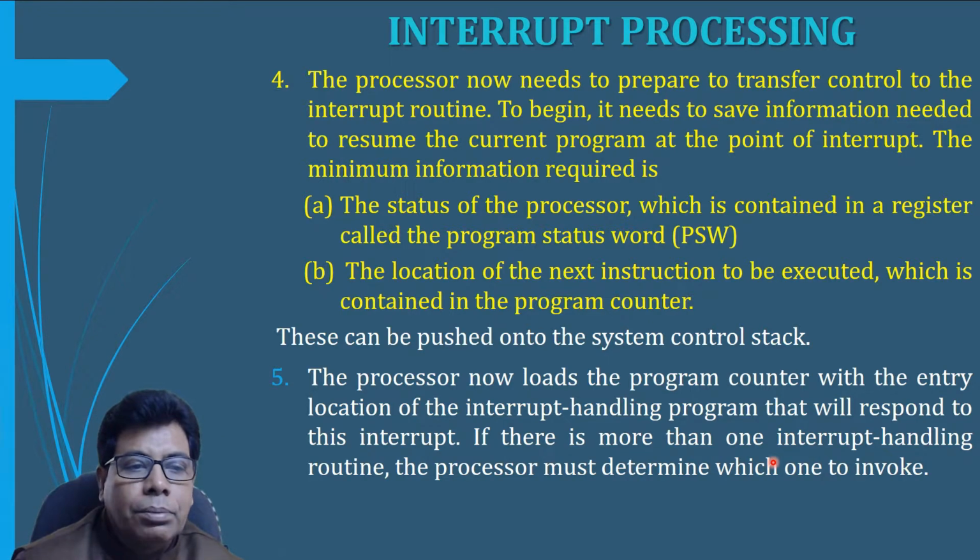The contents of the program counter and the program status word can be pushed onto the system control stack. This is the minimum information required for returning, so it is pushed on the stack to make returning easy.